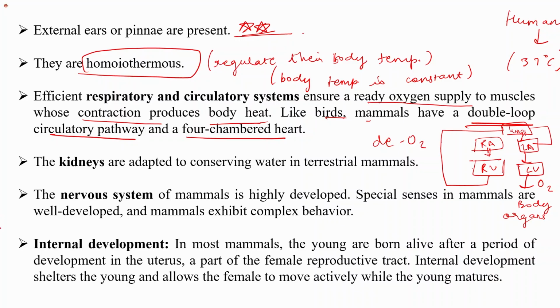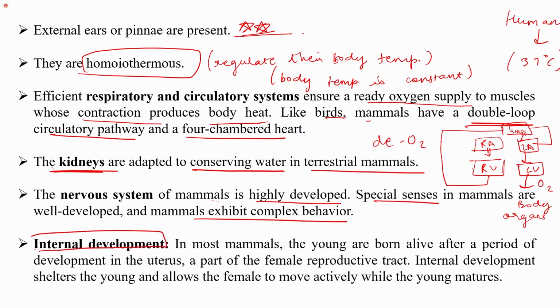Kidneys are adapted for conserving water in terrestrial mammals. The nervous system is highly developed. Special senses in mammals are well developed, and mammals exhibit complex behavior. Development is internal, which is very important.